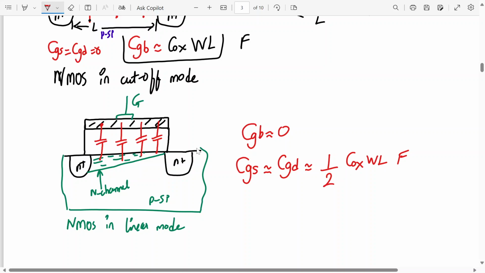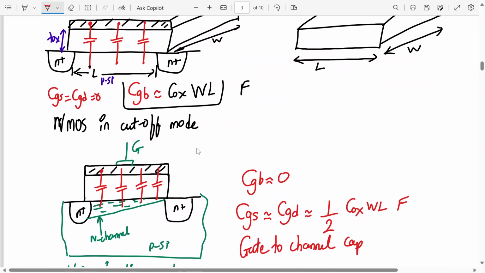CGB will be 0, CGS and CGD will be half Cox W into L. All these capacitances are called gate to channel capacitance. So your gate to channel capacitances are CGS and CGD, and they are distributed equally. Alright, so this is what happens in the linear mode of operation.